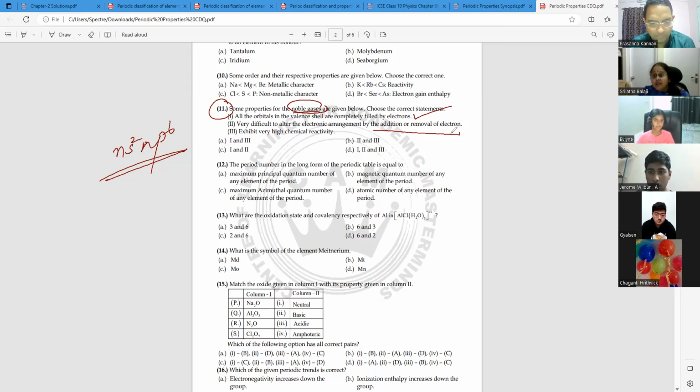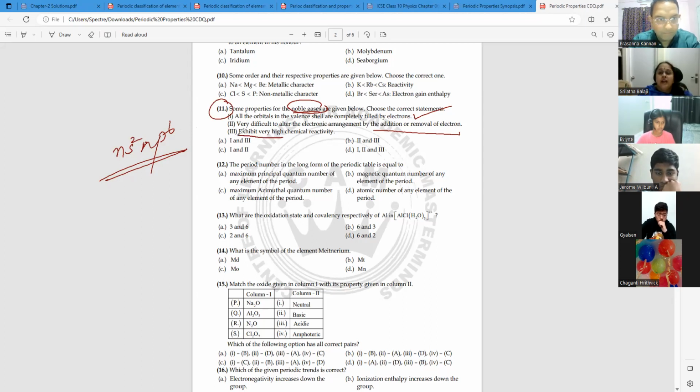Why is it stable? Because this octet configuration completes the outermost shell. So adding and removing electrons are both difficult. We told that electron gain enthalpy is positive, and ionization enthalpy will be highest for inert gases. This proves that removing or adding electrons is difficult for noble gases.